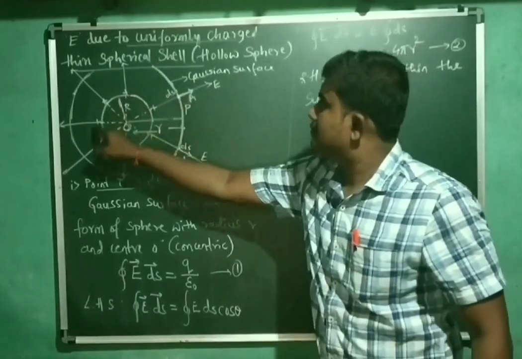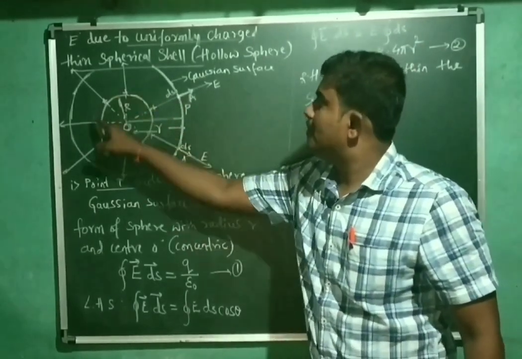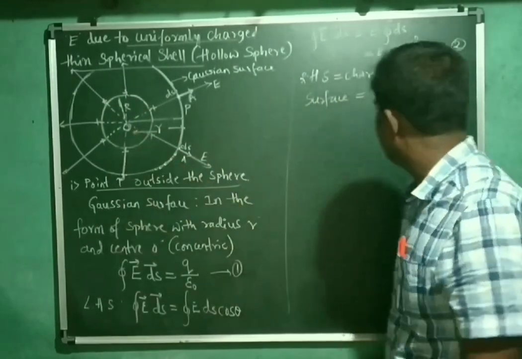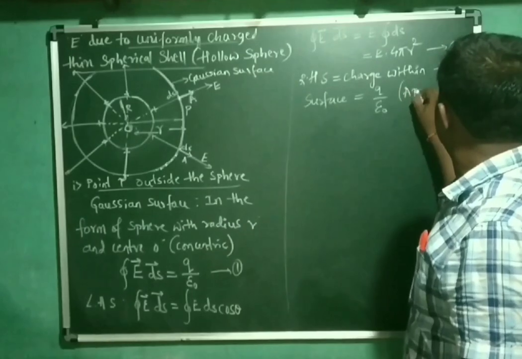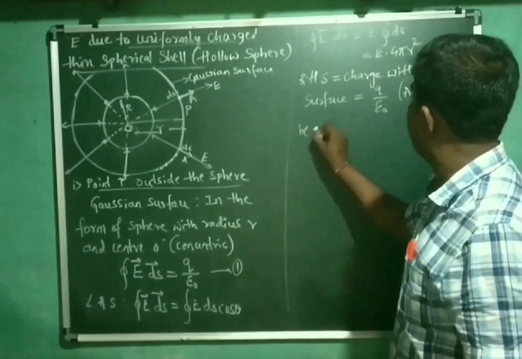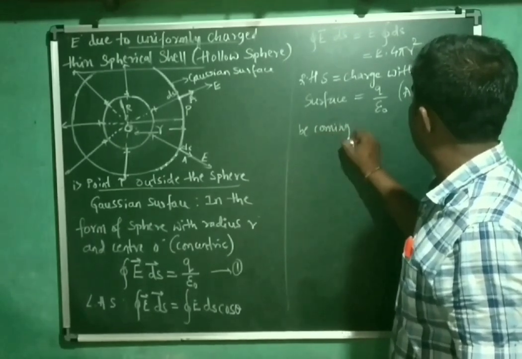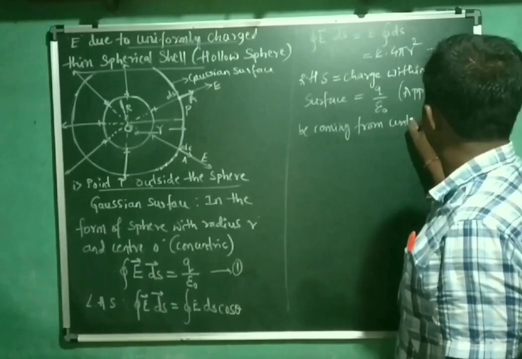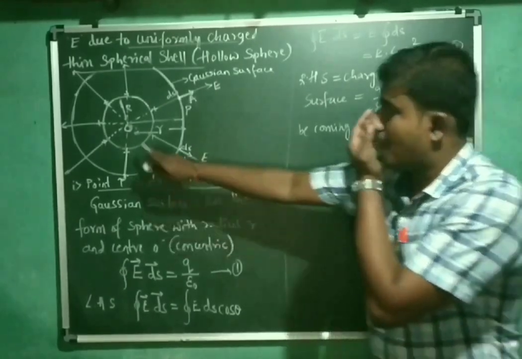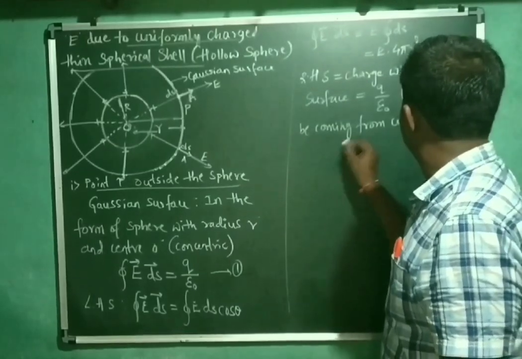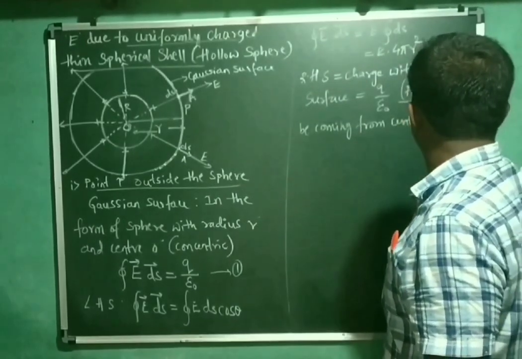All these many charges appear to be coming from the center. You can call it a point charge. Therefore it is Q divided by epsilon naught. Let us call it equation 3.